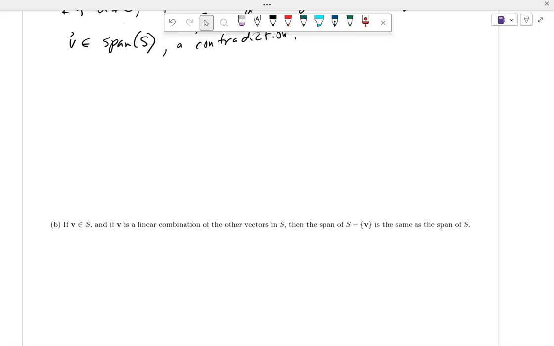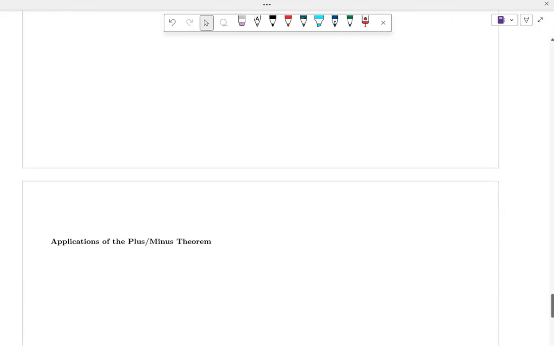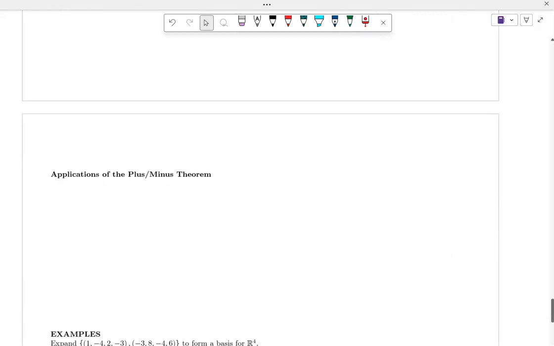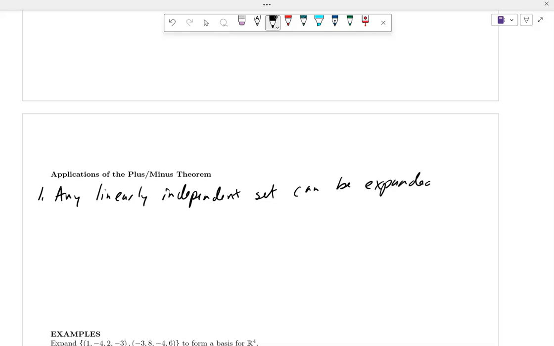So the idea behind the plus minus theorem is that you can always expand a linearly independent set into a basis, and you can decrease a spanning set into a basis. So write that out. 1, any linearly independent set can be expanded to form a basis.